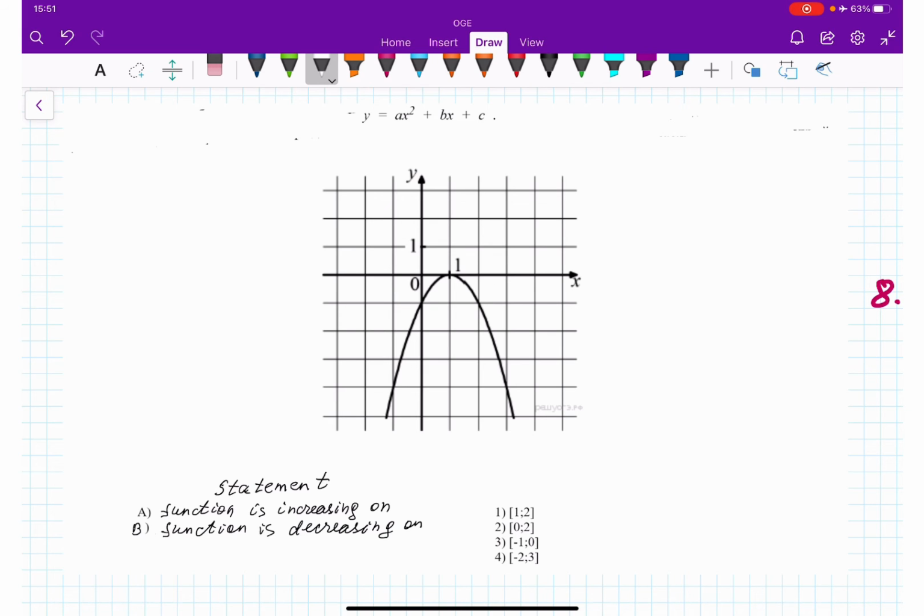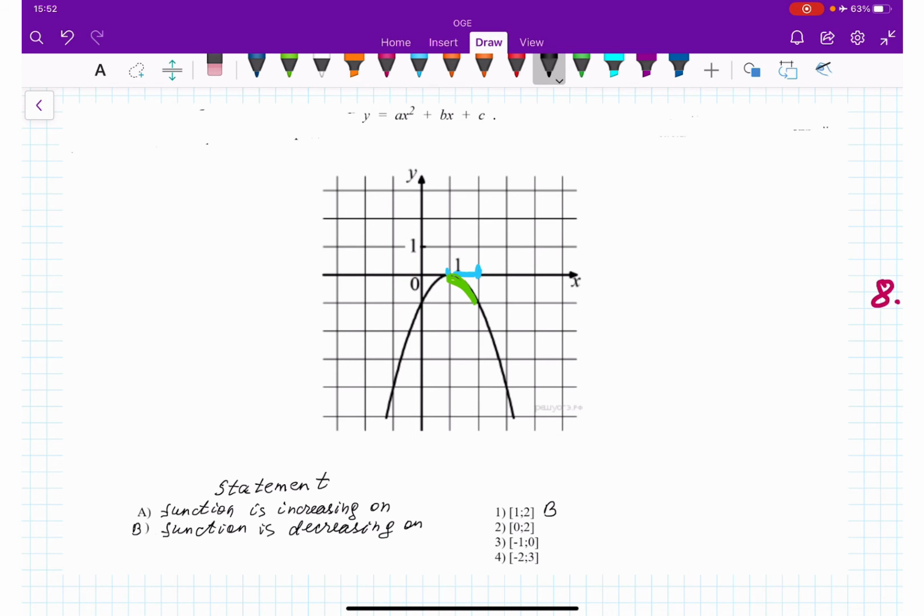So let's see, 1 and 2, this is my 1. This is my 2, right? This is my interval. What's happening to the function on this interval? Decreasing, yes? Look, decreasing. So this is matching decreasing, B.